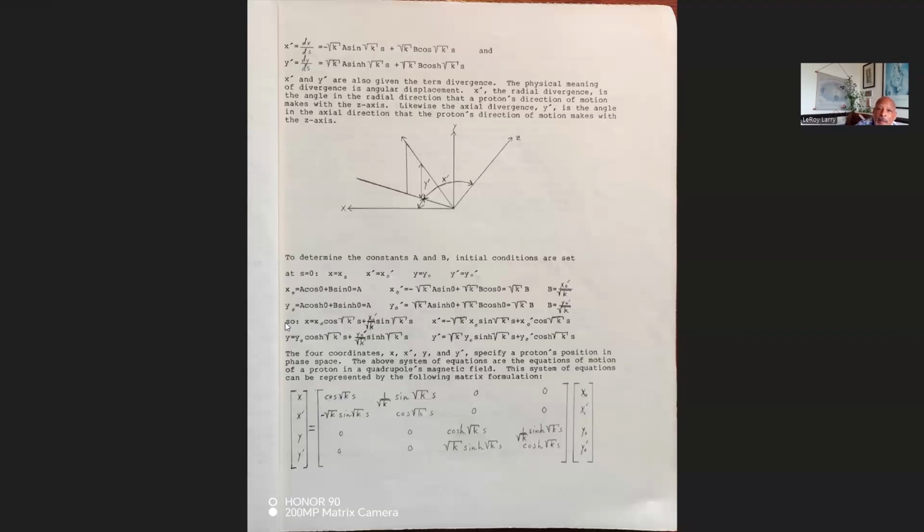So we have the equations of motion for protons undergoing betatron oscillations as they circulate around the booster synchrotron. Now, this next part here, we're going to get to that next week. It's a matrix. And we're going to find out what that's about.